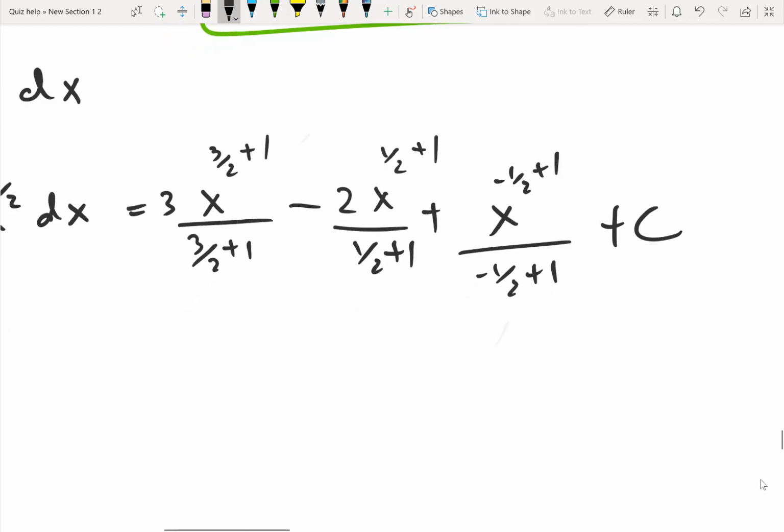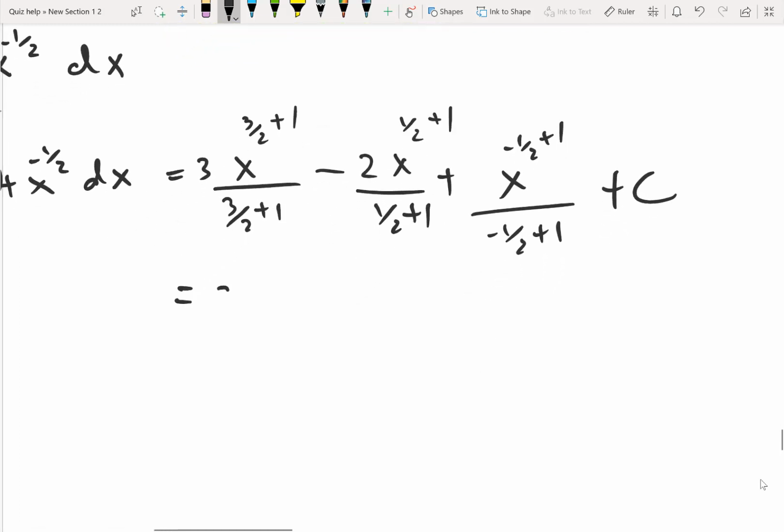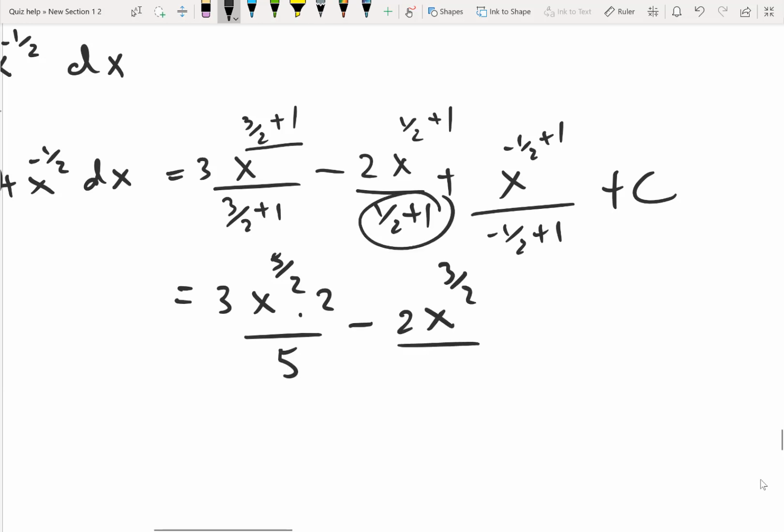Now we can simplify this furthermore. 3 over 2 plus 1 is actually 5 over 2. x to the 5 over 2 divided by 5 over 2, so I can use reciprocal multiplication. So it's 3 times 2 over 5, minus 2x to the 3 over 2 divided by 3 over 2, so I can use reciprocal multiplication there. So it's 2 over 3.